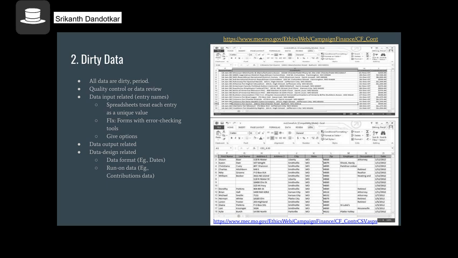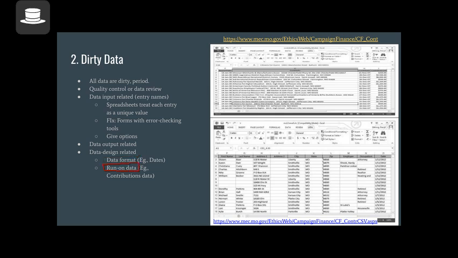So we're talking about the data design related errors. One thing we said is the format in which the information is stored would make it either flexible or not in how you can run the analysis or answer questions. The other form of data design related errors is run on data.